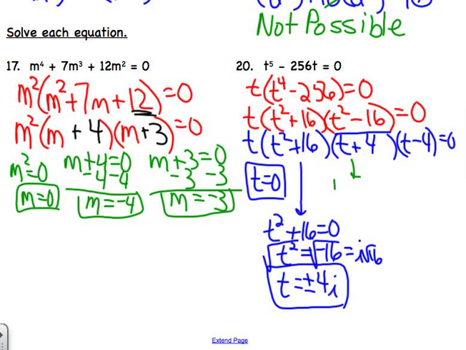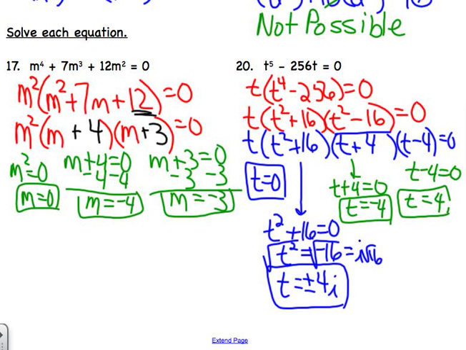T plus 4 set equal to 0 gives us t equaling negative 4. T minus 4 set equal to 0 gives us t equals positive 4. And our fifth degree polynomial has 5 zeros. 2 of them are imaginary, the other 3 are real.